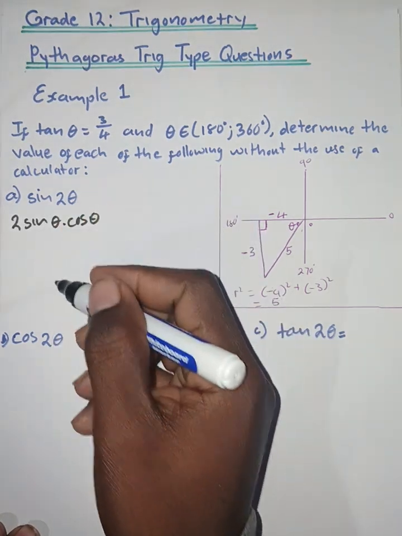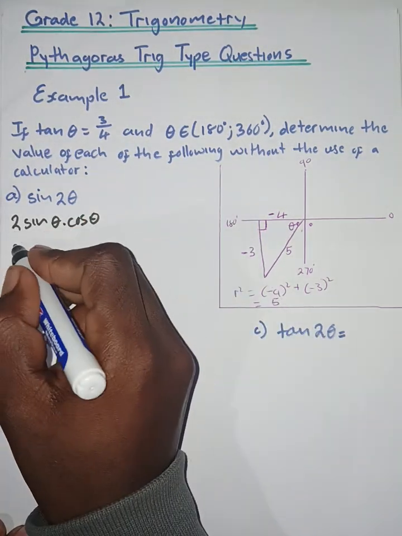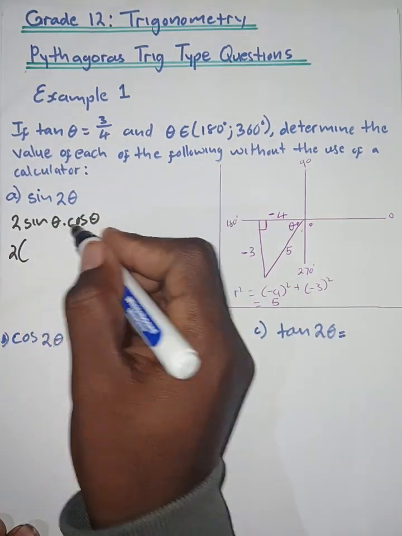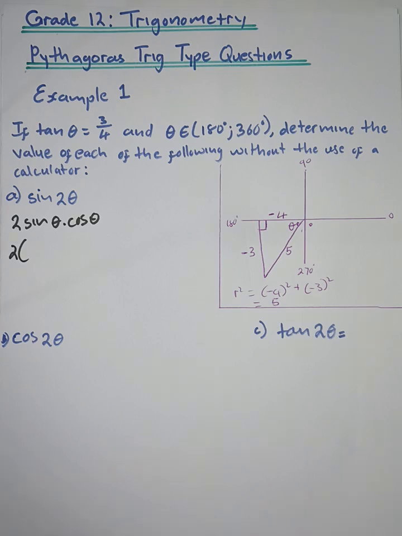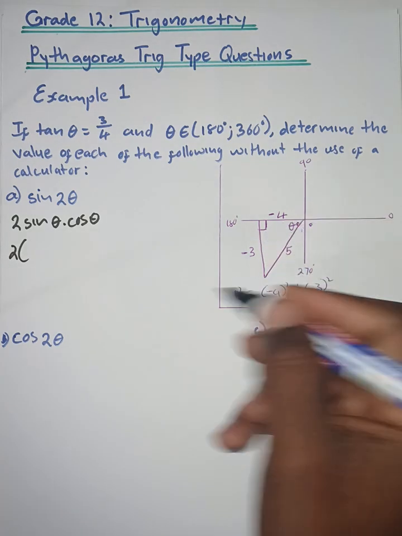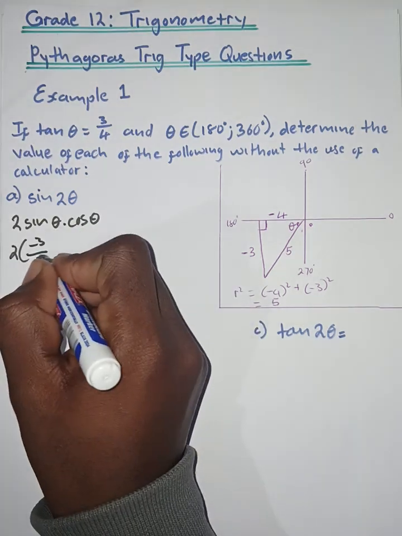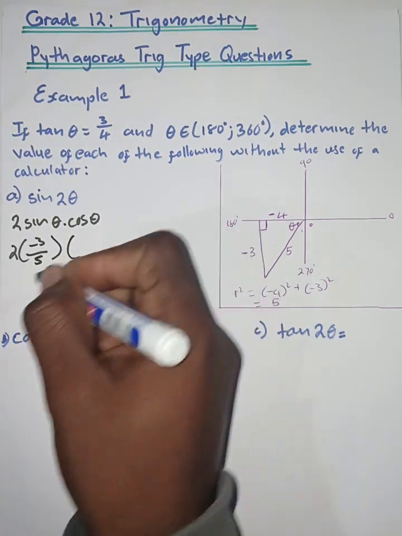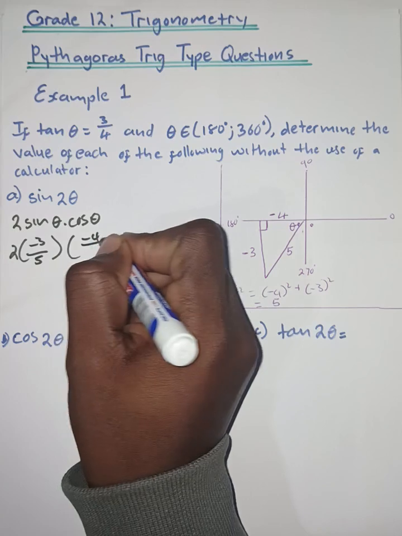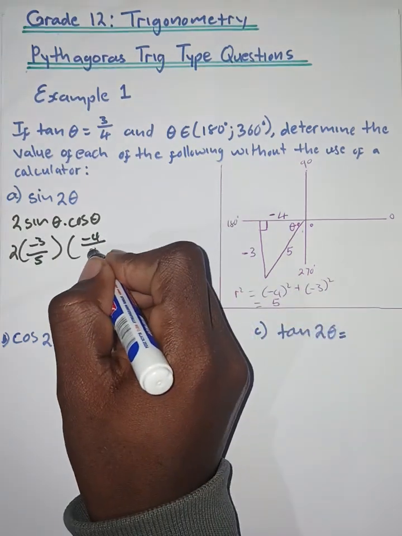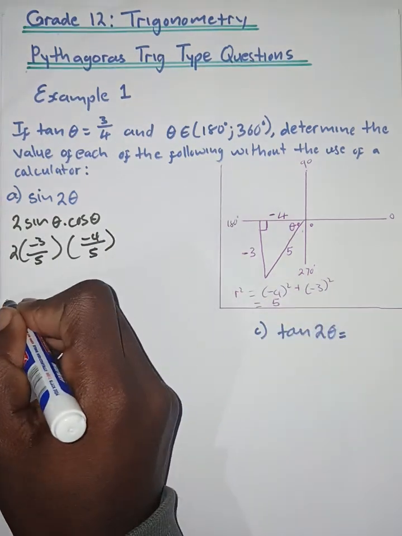That's the identity when you expand it. So this would be 2 sine of theta. Sine, we know, is the opposite over the hypotenuse. So the opposite in this case would be negative 3, and the hypotenuse, we say that's a 5. We multiply that by negative 4 over 5.